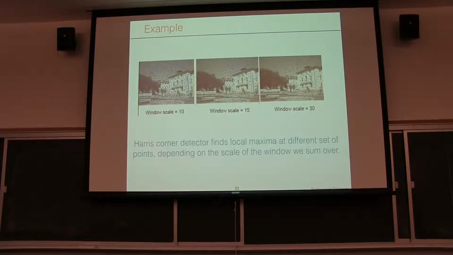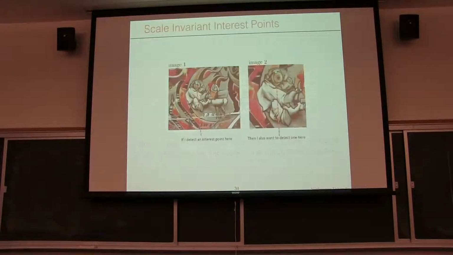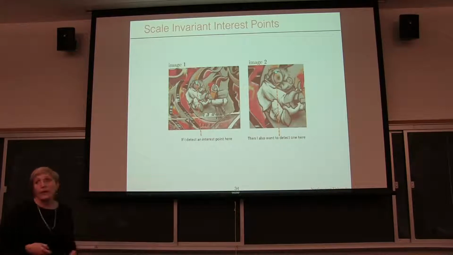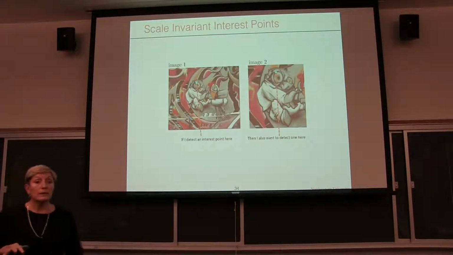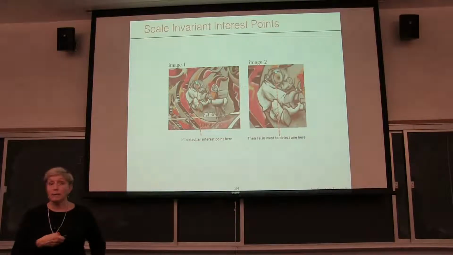And that's a problem, because when I want to match the two pictures of New York City, I want to have the same features in both, so I can compare them. Okay? So if I have these two images at different scales, and in this image I find a feature over here, I really would like to find a feature over here, right? But my algorithm so far cannot guarantee that. It might be that I find it in one but not in the other. Okay?